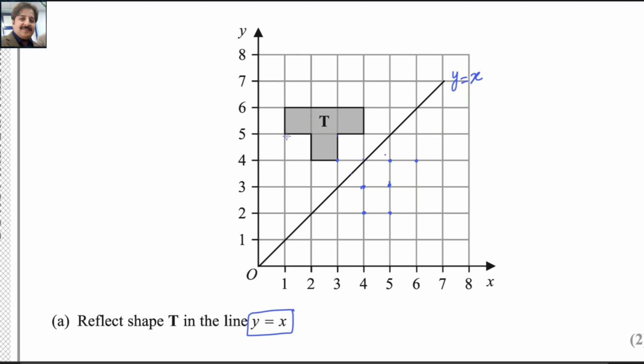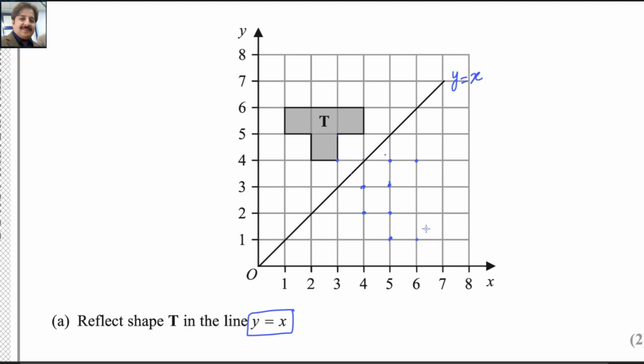Now for this corner, you have to take the distance from that line. This is 1 unit, then 2 units, so it comes here. Now the last point, how many units away from the line is this one? 1, 2 and a half, so that one comes here.